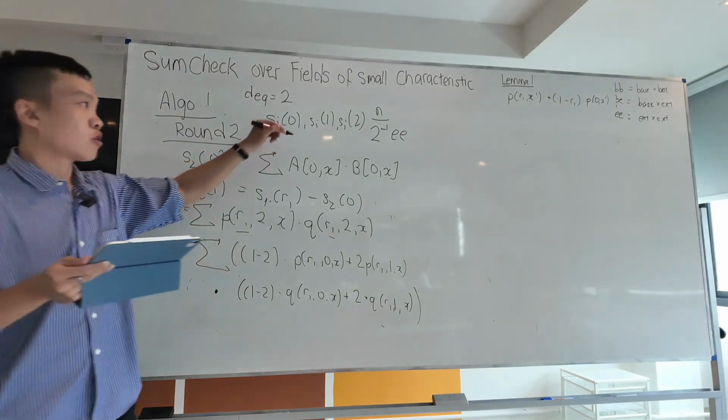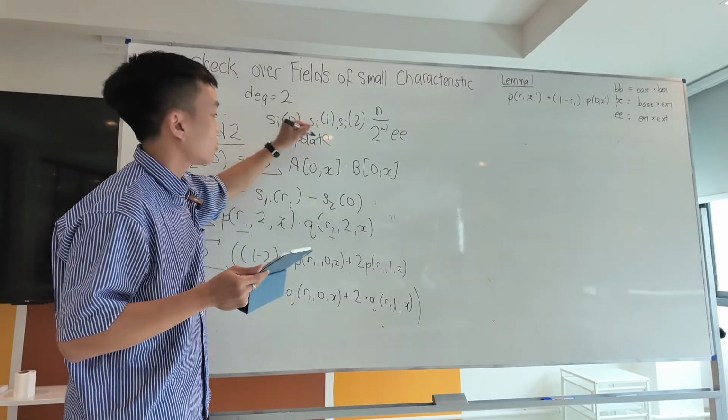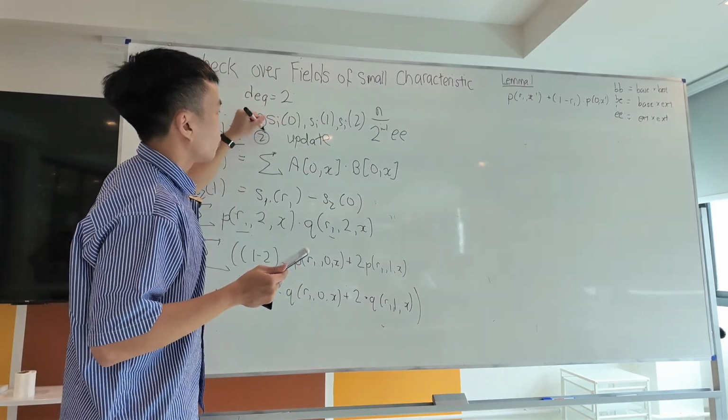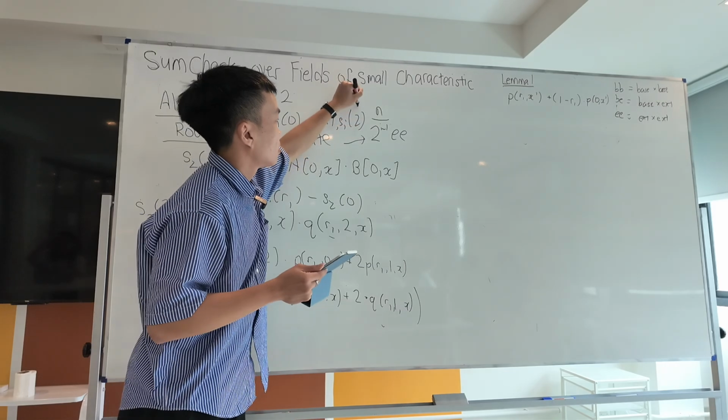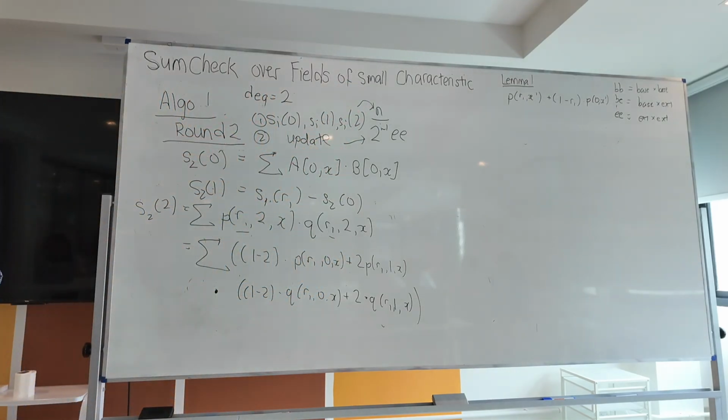And updating also costs the same. So the updating of the array that I showed earlier, both of them have the same costs, both ending up costing about that amount of extension multiplications.